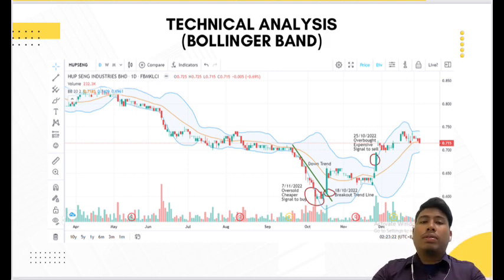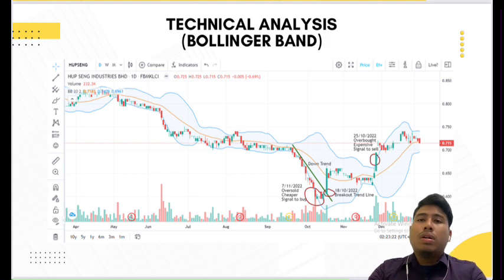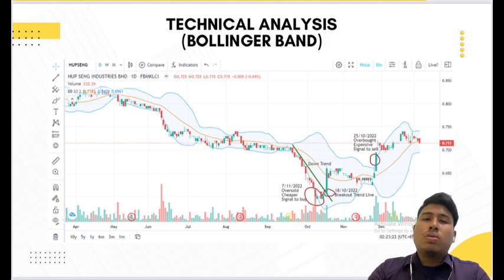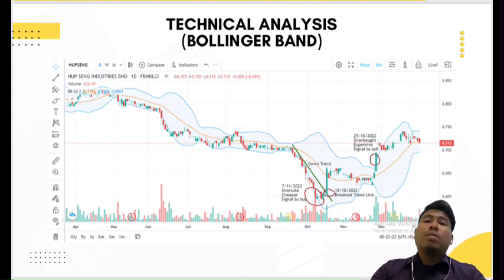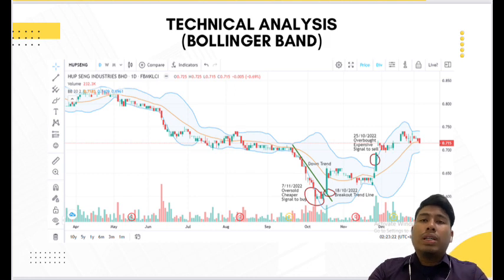As you can see, for the indicator analysis that I use for Hafsing Industries, which is Bollinger Band, on 7 November 2022 the price reached the lower band, so it shows the share has been oversold and the price is very cheap, a signal to investors to buy the share.